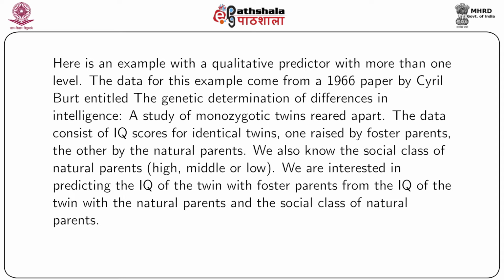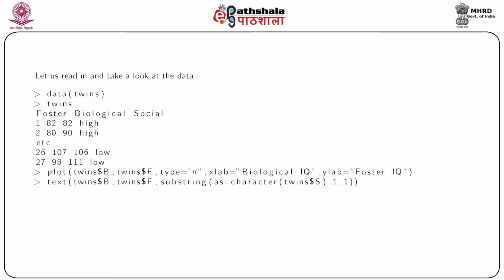So here we have the IQs as well as the social class of the natural parents, which acts as the factor. So let us first read the data and take a look at what the data set looks like. The data twins, when read into R, can be printed, and what we see is 3 columns: foster, biological, and the final one, social.